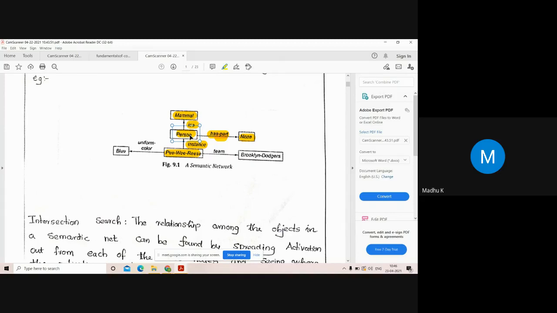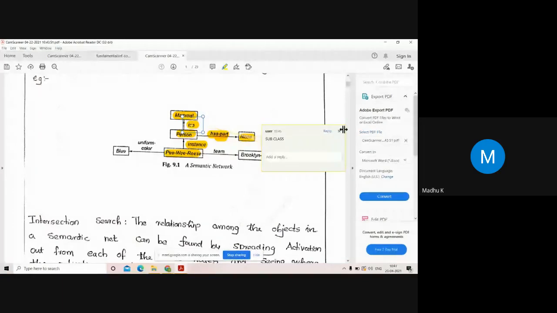So person is also a class. Okay, mammal is also a class. So the relationship between these classes is represented by using the is-a relation. Okay, try to understand the concept.